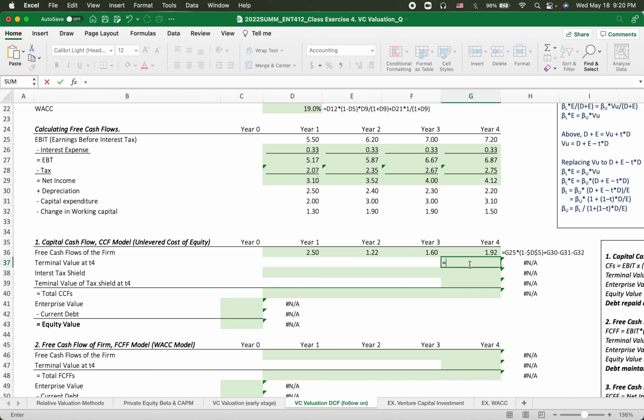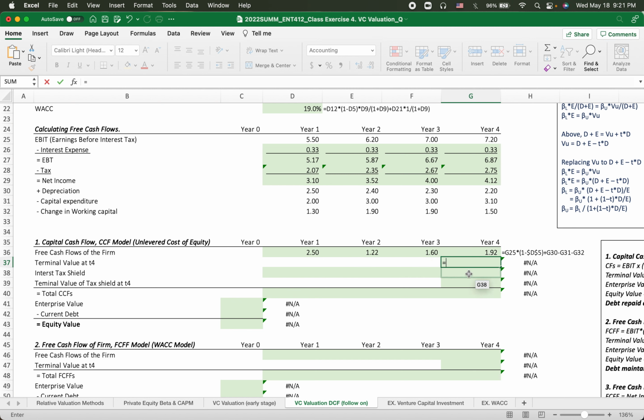Now, we assume the company will survive forever, will operate forever. That's what the equity is. So we need to get the permanent value, horizon value, or terminal value from the end of year 4 to forever, infinitely. But this free cash flow indicates only 4 years.